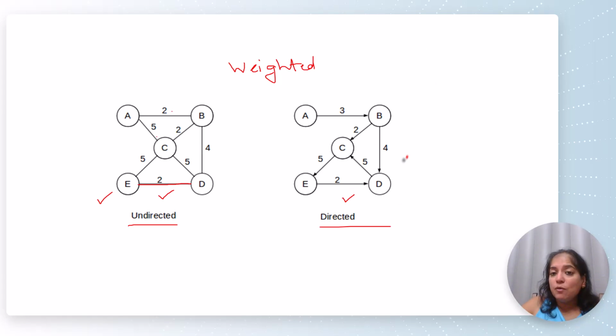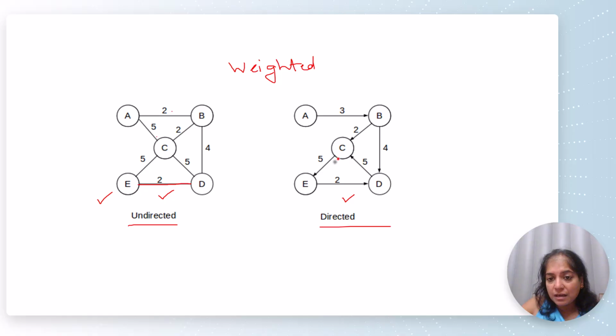Now, let me tell you one more thing here. If you see a cycle in a graph, a cycle in a graph means the point from which we start, we traverse back to the same point by following a specific path.